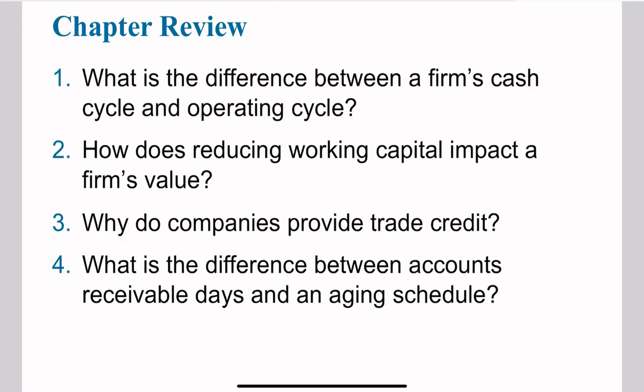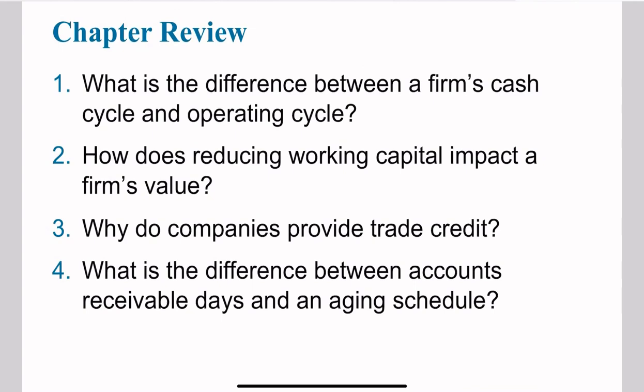So first, what is the difference between a firm's cash cycle and operating cycle? First, what is operating cycle? Well, it's the time between two events. That is when the firm purchases its inventory or raw materials, and when the firm gets money from selling its product, right?